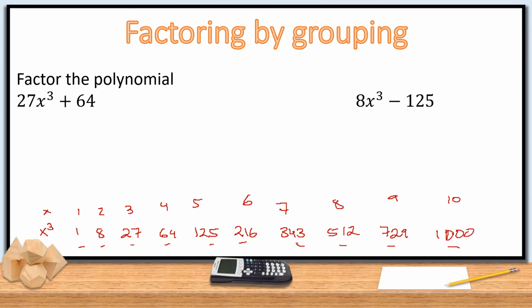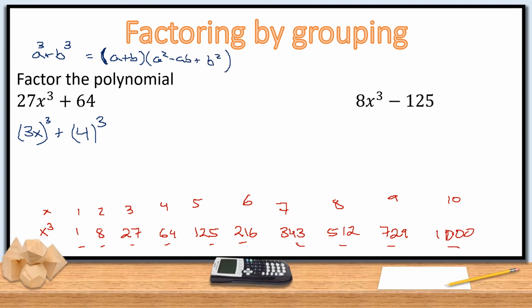So we can rewrite this as 3x all cubed plus 4 cubed. So this is in the format of a plus b, where both of them are cubed. So in factored form, you've got a plus b times a squared minus ab plus b squared.